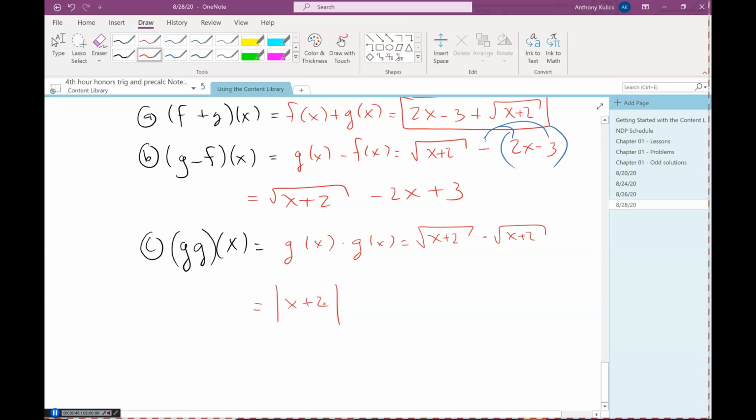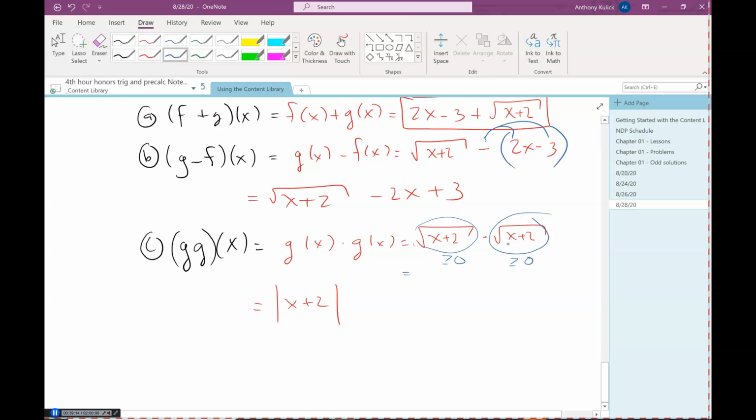I would say there should be an absolute value sign around this. Let's think about why. Because we can't have a negative. Why can't we get a negative out of this? Each of those has to be non-negative, right?